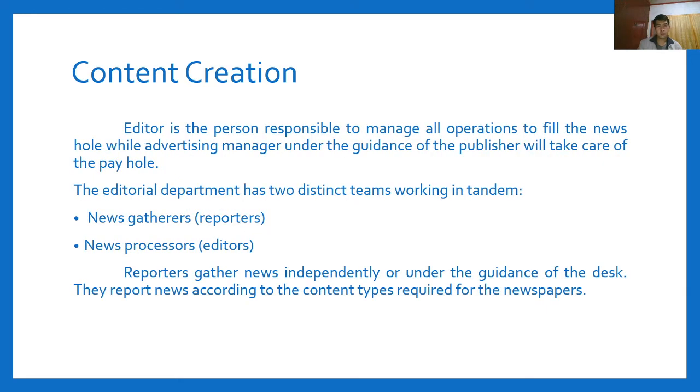Now we have the editor. It's responsible, of course, for editing the newspaper, and under the editorial department, we have the news gatherers and the news processors. We also have the reporters, who gather the news independently or under the guidance of the desk.